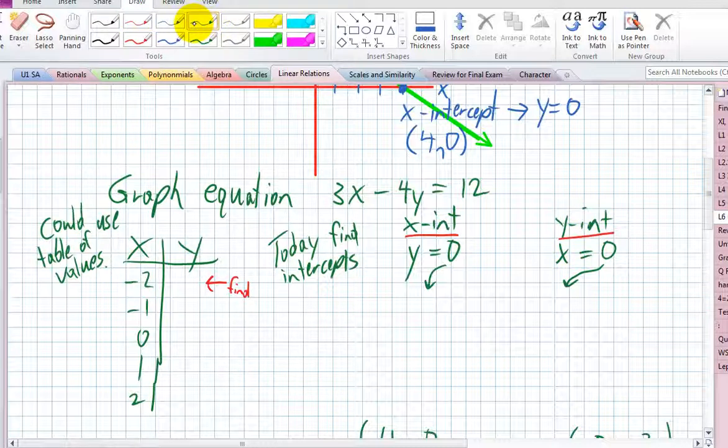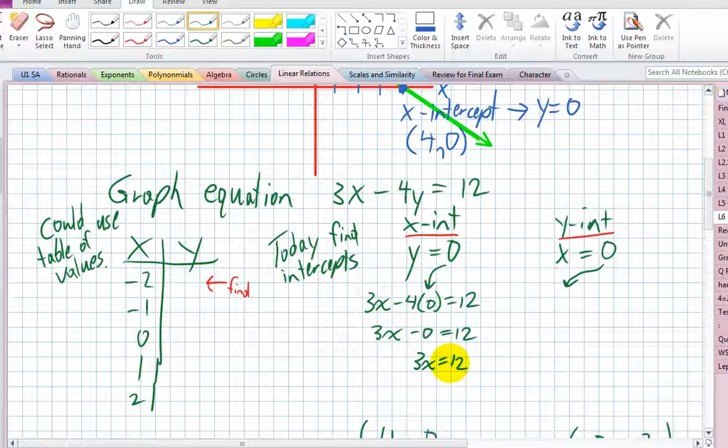So what we're looking to do is substitute y equals 0 into the equation. So we get 3x minus 4 times 0 equals 12. Then we get 3x minus 0 equals 12. 3x equals 12.